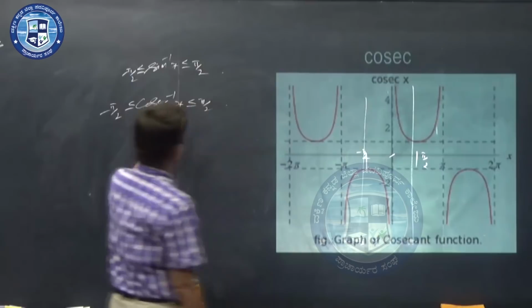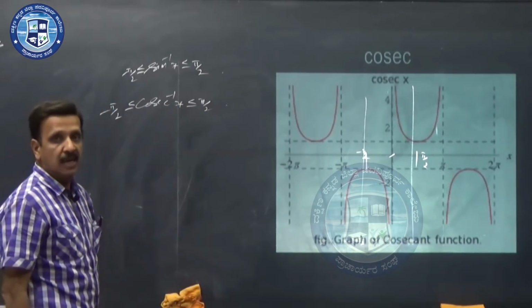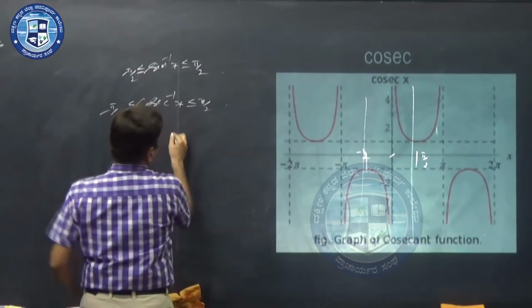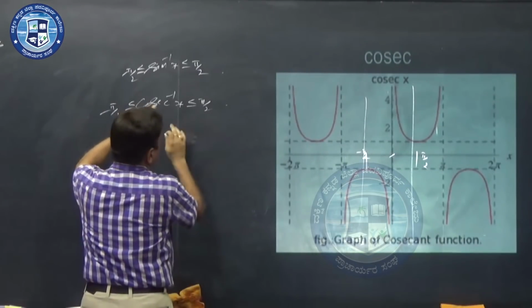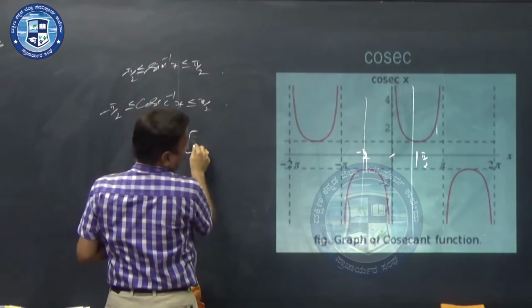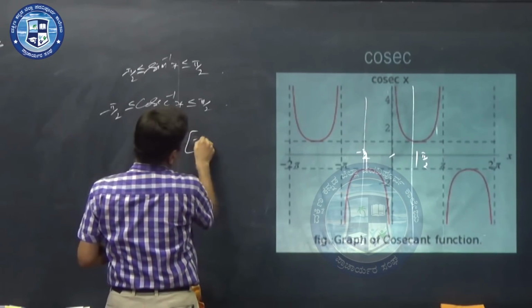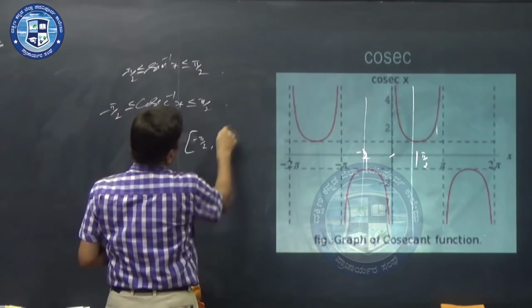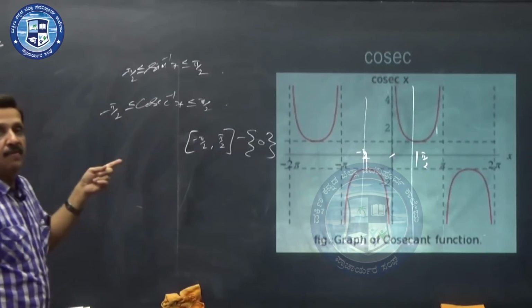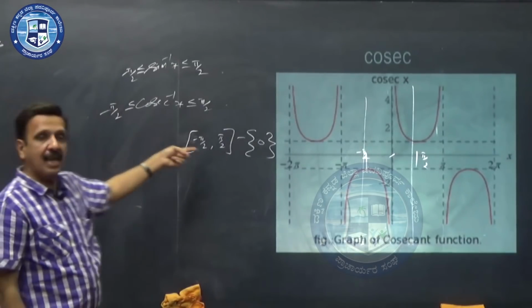That is why minus pi by 2 to plus pi by 2 has to be selected, but 0 will not come. That is why when you write the range for cosec inverse x, it varies between minus pi by 2 to plus pi by 2, but in that 0 will not come. That is why we are deducting 0.